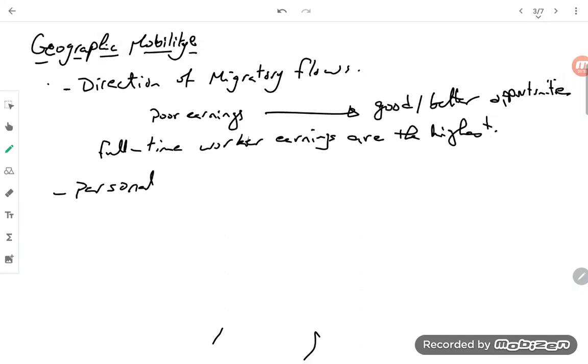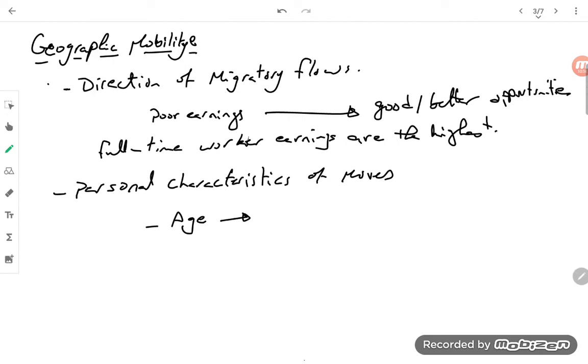Migration is a highly selective activity, based on a number of factors. Number one, age. This is one of the most important factors in determining who migrates. It's better to select younger workers.